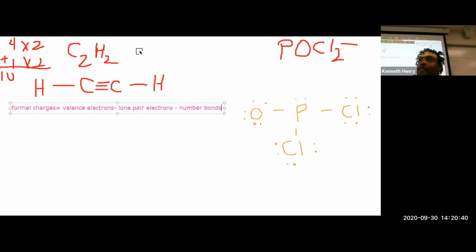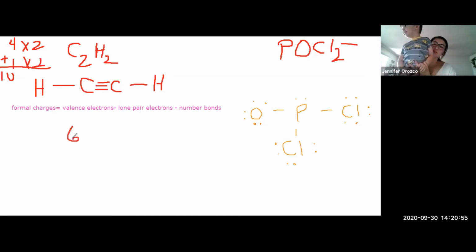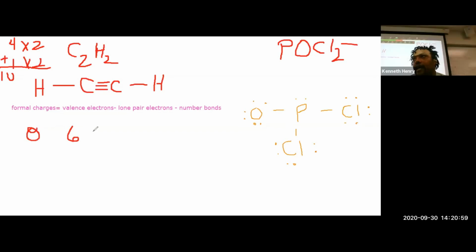Okay, so let's take a look at the oxygen. If we go with the formal charges, how many valence electrons does oxygen have normally? 6. And how many lone pair electrons are around the oxygen? 6.